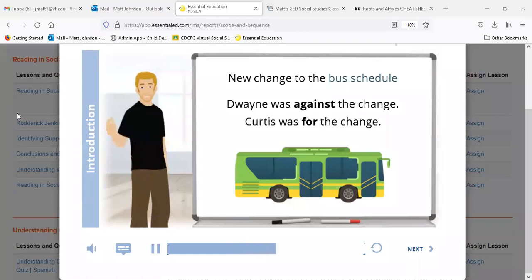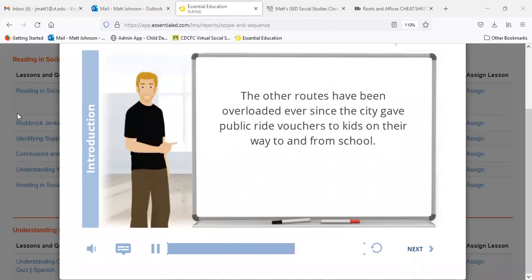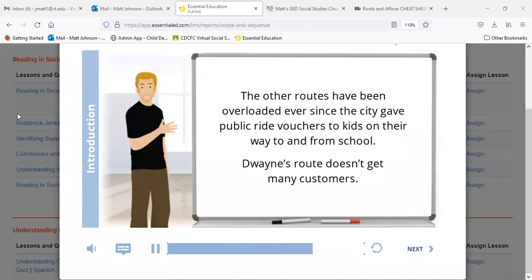But the new schedule shortens the hours of my Saturday route, leaving me no way to get to class. I explained this to Curtis, but he wasn't too impressed. He explained that the other routes have been overloaded ever since the city gave public ride vouchers to kids on their way to and from school. Curtis pointed out that my route doesn't get many customers, and that the city needs to move resources to the busier routes.